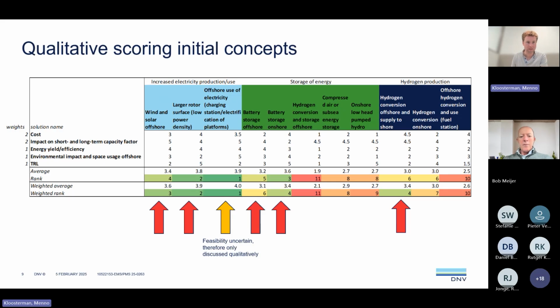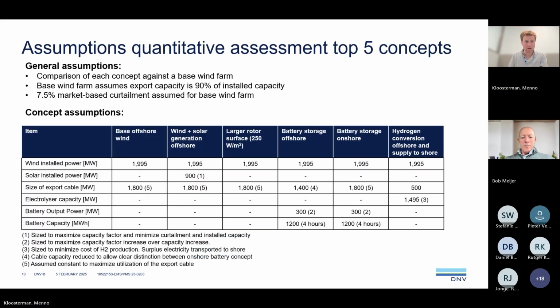Then an important bit of information is the assumptions, because obviously it's very easy for each concept to do an optimization study in itself, and with the time and the budget we had, that was not feasible for us. So we had to narrow down and lock in some assumptions to keep the work within reasonable amounts.